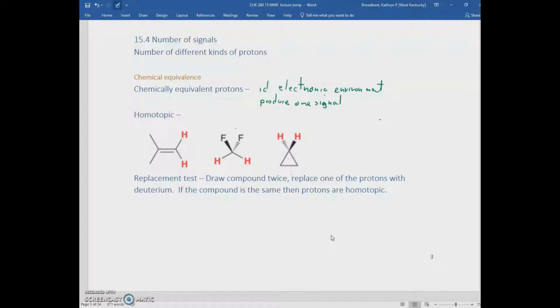These protons may either be homotopic, or they might be enantiotopic.